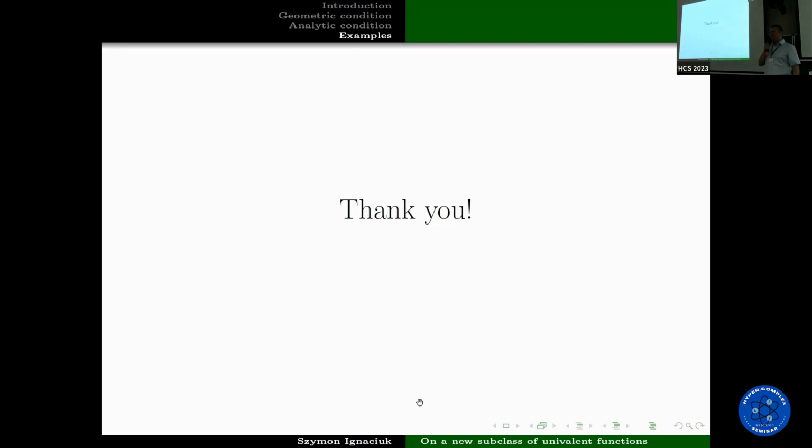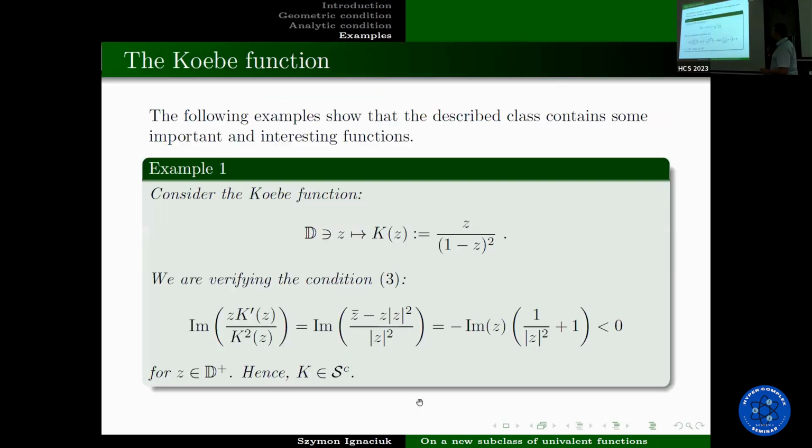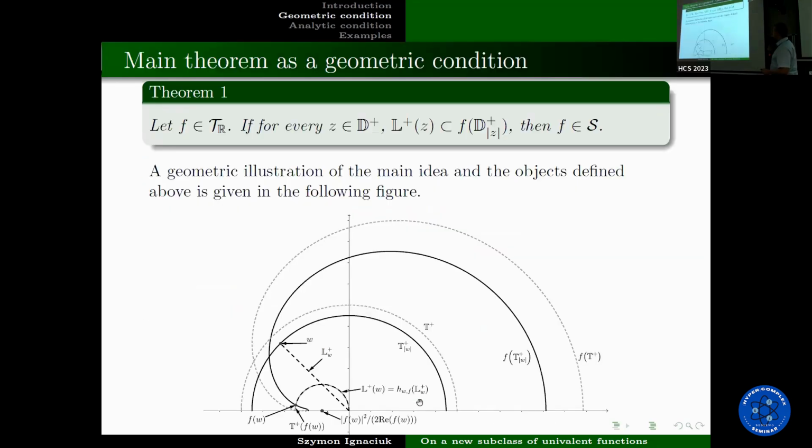Geometric characterization of the class. The first or second theorem is very interesting. Could you please recall what L plus is once more? Yes, once more. So in the image we have f of w, and we have the circle, which joins the origin with this f of w point.